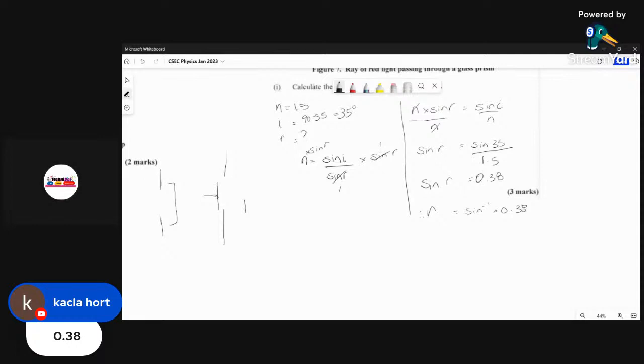Wait, we didn't divide by 1.5. We left out that. Let me erase this part. 0.38 divided by 1.5 gives us what?